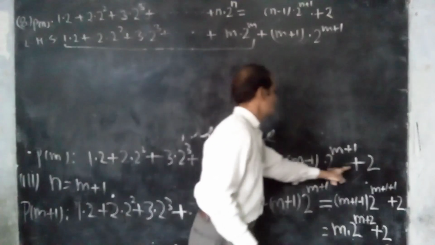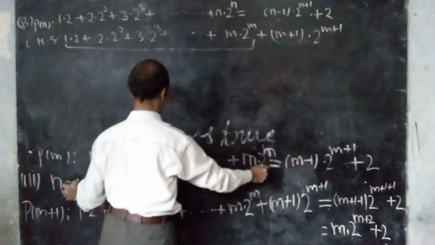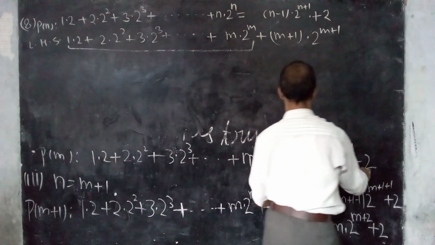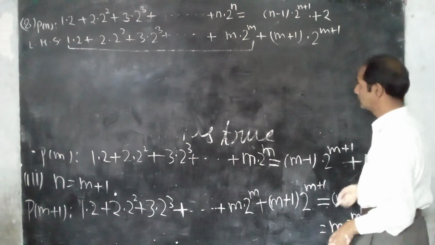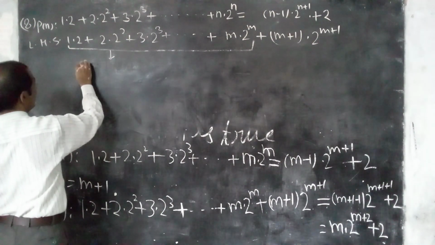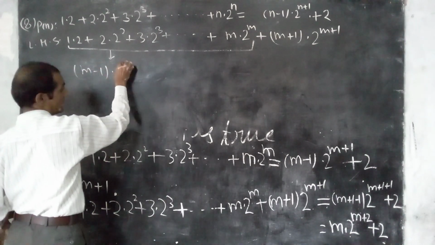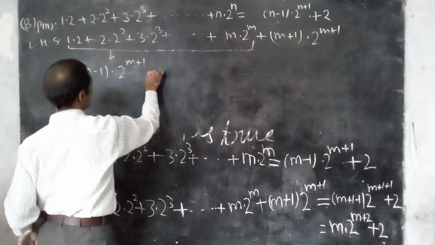This series up to m terms is equivalent to the value in Pm, so we can write this in place of this. Then you get (m minus 1) into 2 raised to power m plus 1, plus 2.